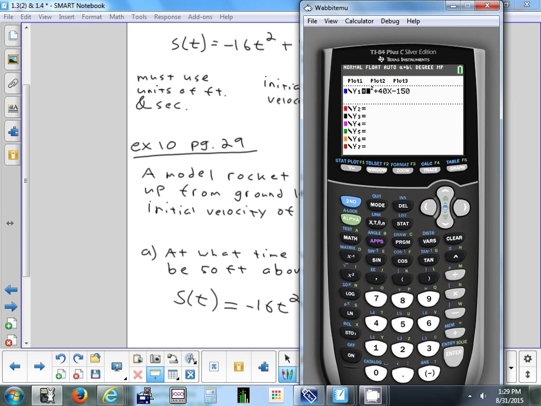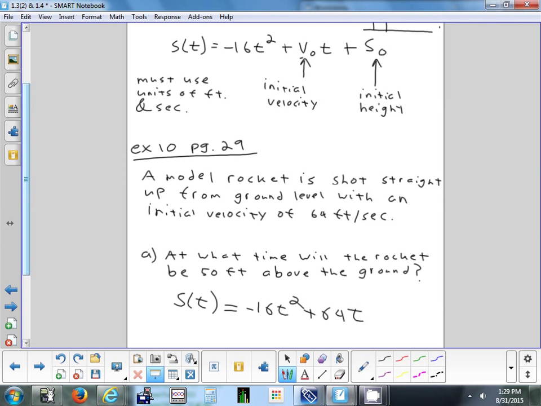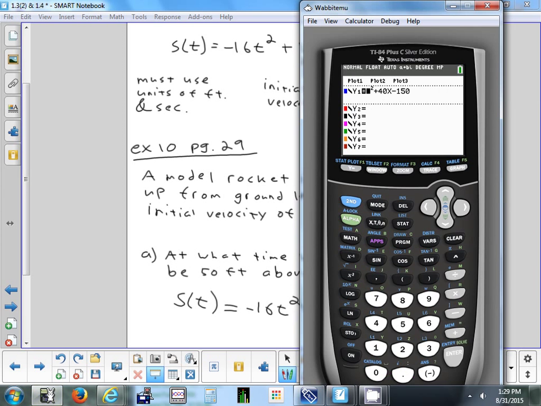Okay, so I want you to graph negative 16. Remember, you have to use x on the calculator. So negative 16x squared plus 64x. Now the thing is, we don't know how high it's going to go. We don't know how long it's in the air for. So let's just take a guess at our window. I know I'm not looking at negative time.